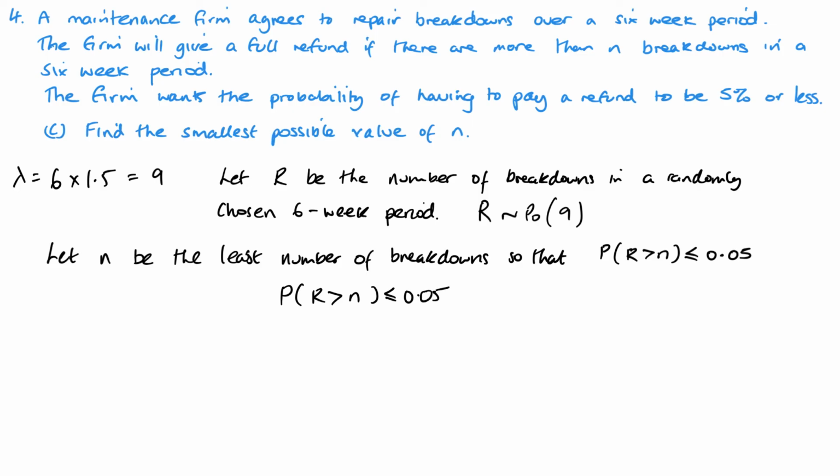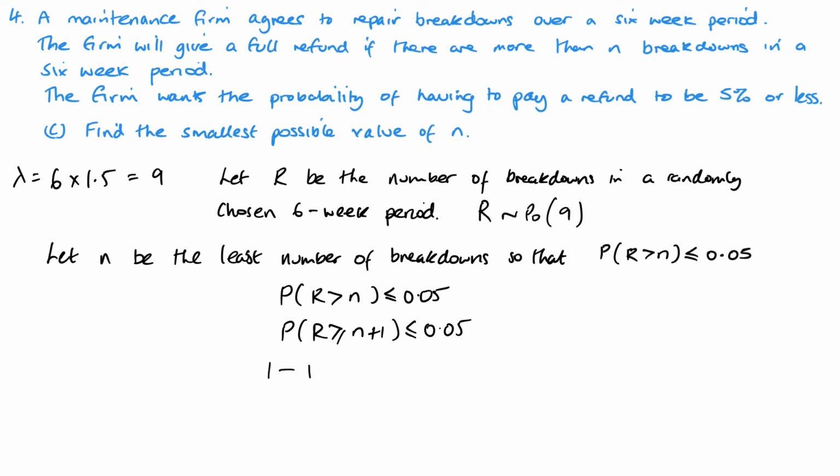Now, what do I always say? Make the inequality an equals. So we've got P, R greater than or equals to, no, it's always one more than that, isn't it? Then I want to make this into a less than or equal to.